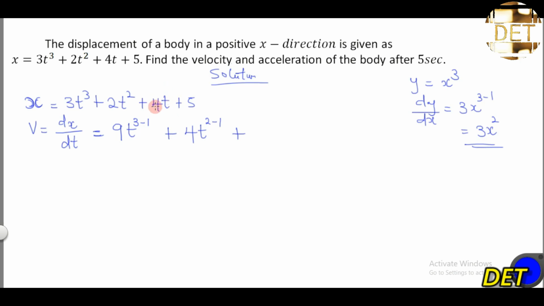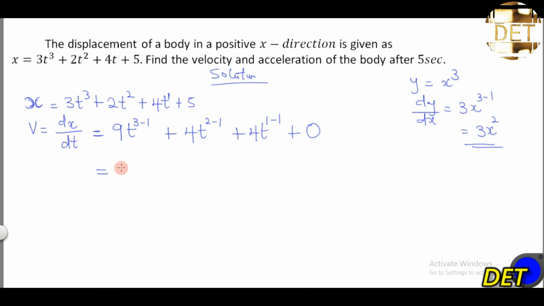So this will be 1 times 4, which is 4. 1 times 4 will give us 4t raised to the power of 1 minus 1, because there is an invisible 1 here, right? Plus what? Since 5 is a constant, if we differentiate a constant, it will be 0. So that will be plus 0, right?